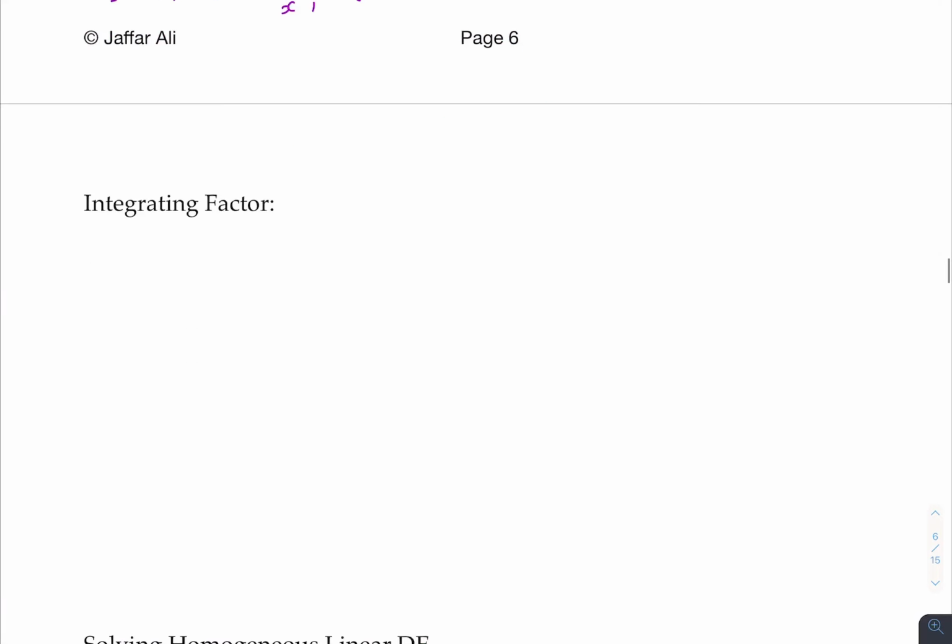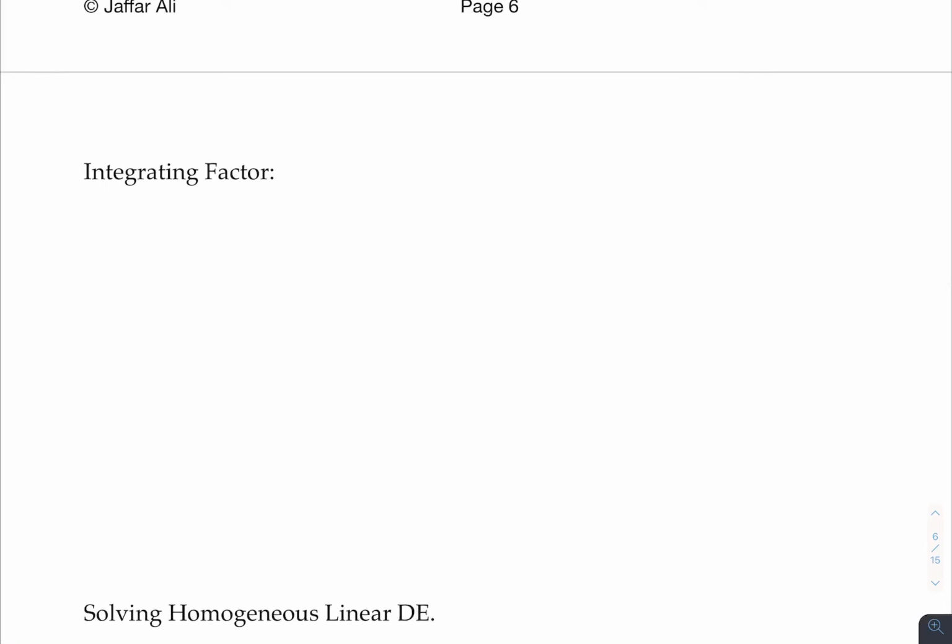So now, how do we solve that? To do that, I want to quickly talk about what we call the integrating factor. So what is this integrating factor business? We usually have this differential equation y prime plus p of x times y is equal to q of x, right?